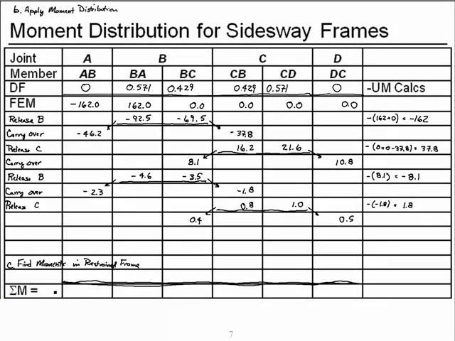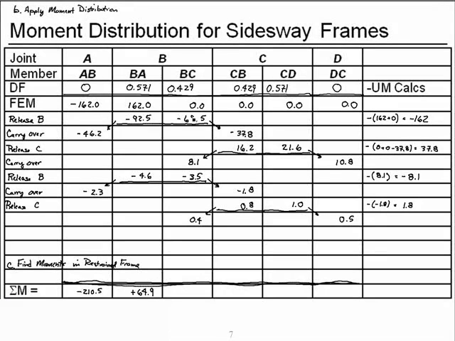And so to find the moment in the restrained frame, I take the negative 162, negative 46.2, and negative 2.3, and I get a negative 210.5 foot kips at support A. We add up the next column, the 162, negative 92.5, negative 4.6, and get a positive 64.9 foot kips.